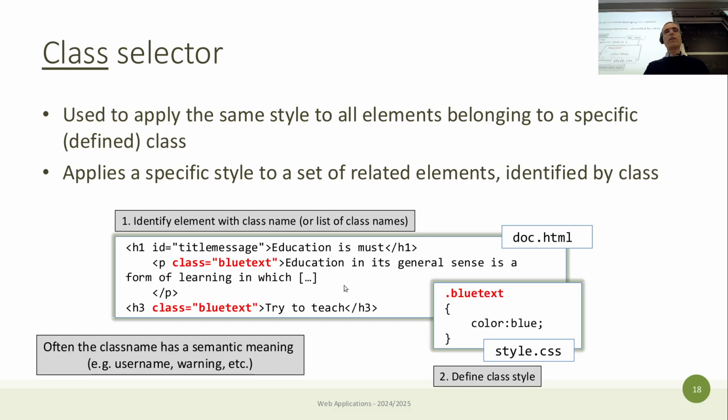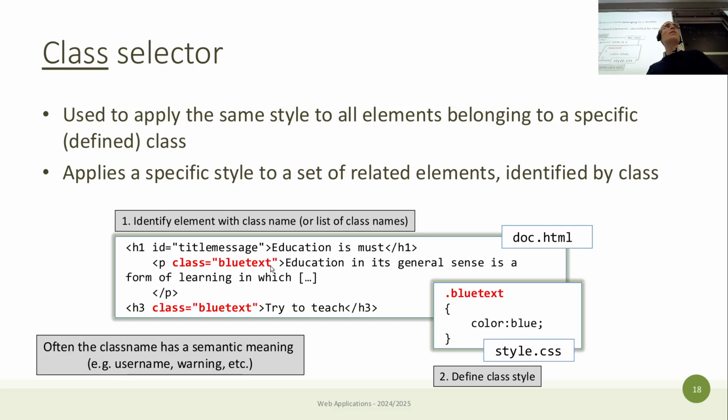Class selector, that's more interesting, and we already saw this class attribute attached to the HTML element. This class attribute can be used for any element in HTML. It's just a string as a value, it can have multiple words, but let's say it has a single string.